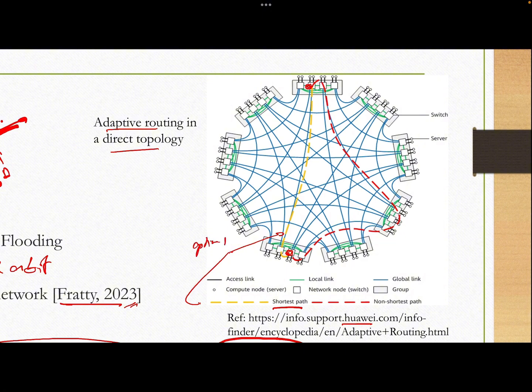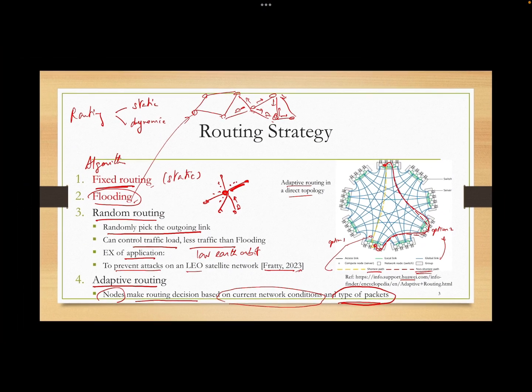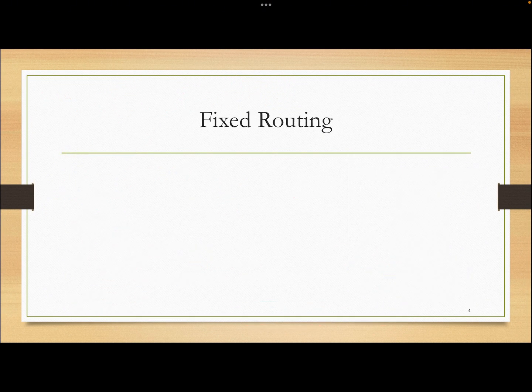But if you have some problem with this link, it's congested or down, then maybe you use this link instead. This is option 2, because it's longer, it's not the shortest path, but you may use it when you have problems with option 1. So this is adaptive in the easiest way.